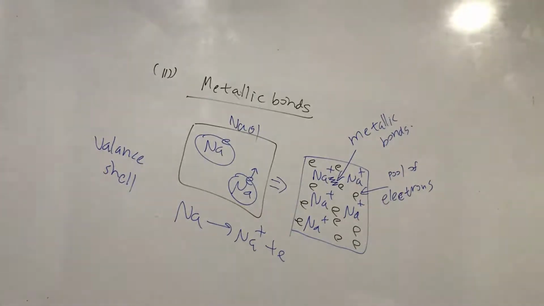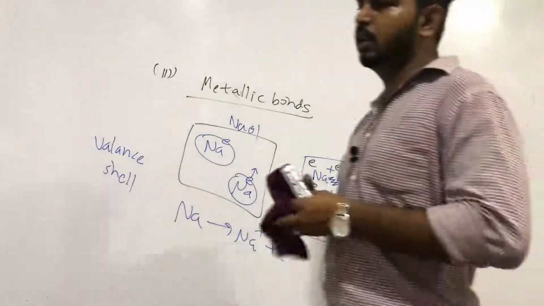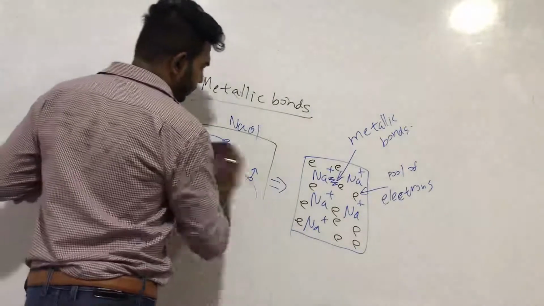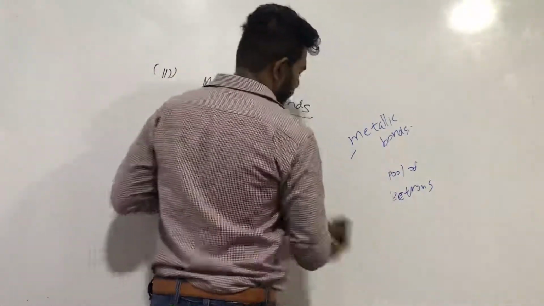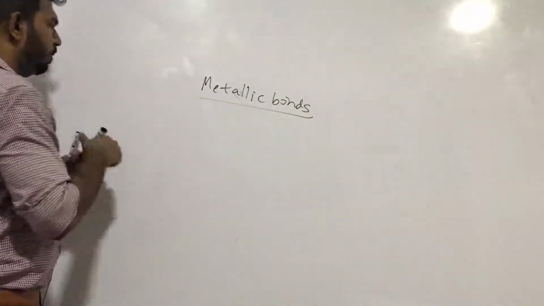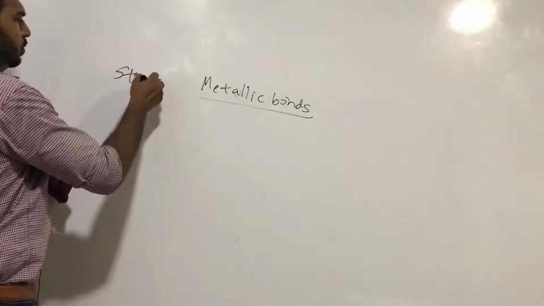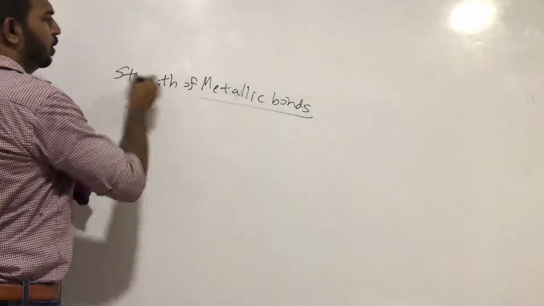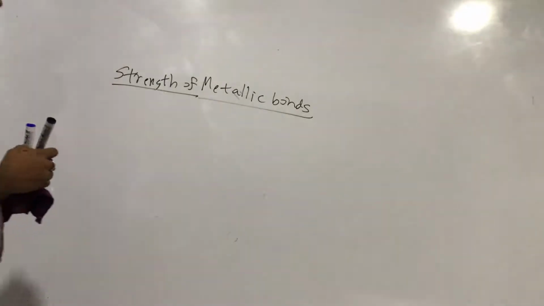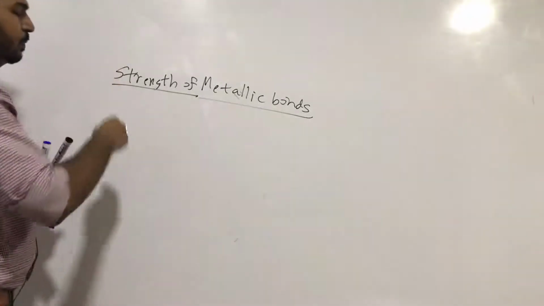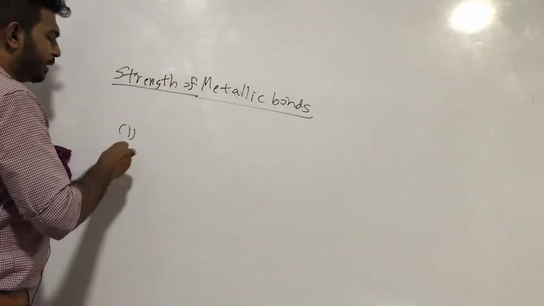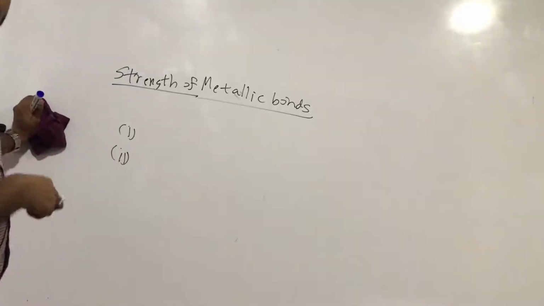Okay, then put a topic, strength of metallic bonds. There are two factors affecting the strength of the metallic bonds.